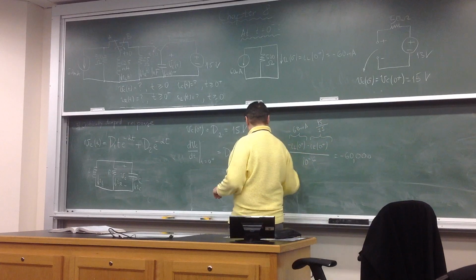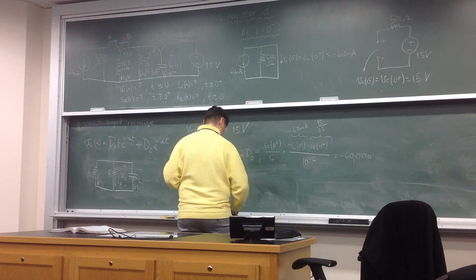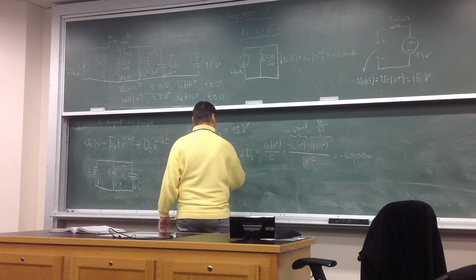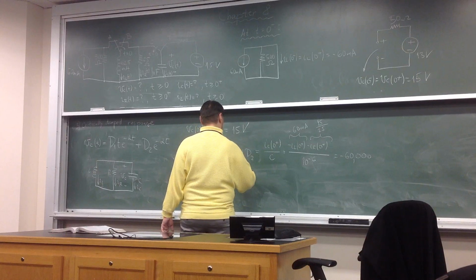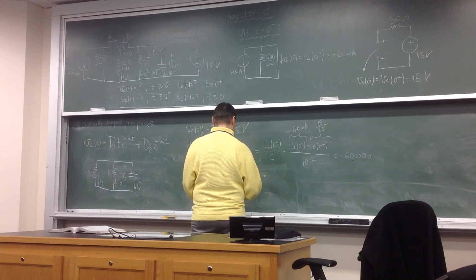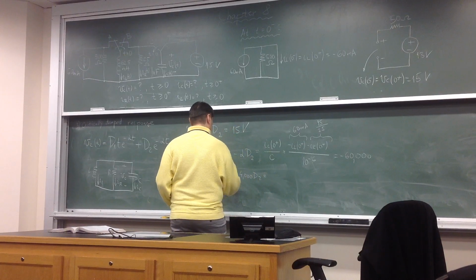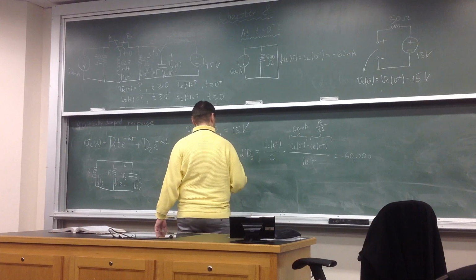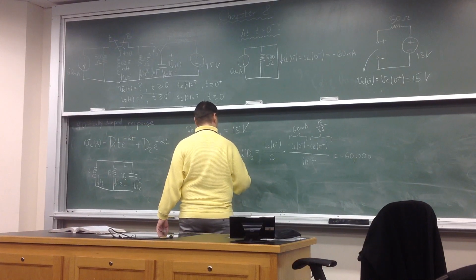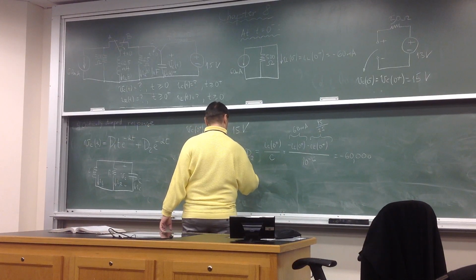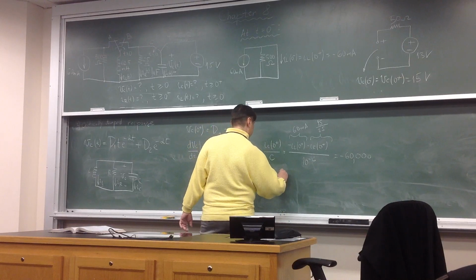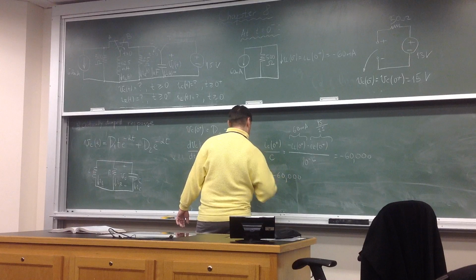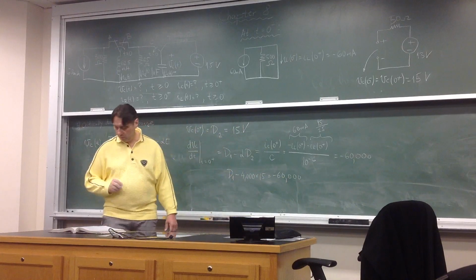And then D1 minus alpha, 4,000, times 15 equals minus 60,000. What is that equal? D1 is equal to 0 in this case.